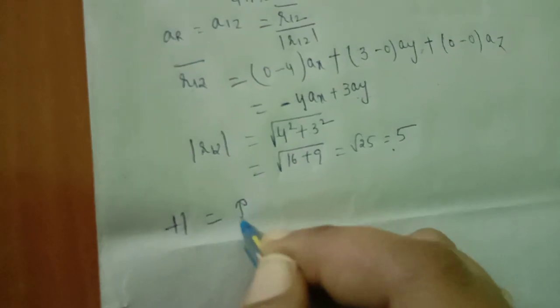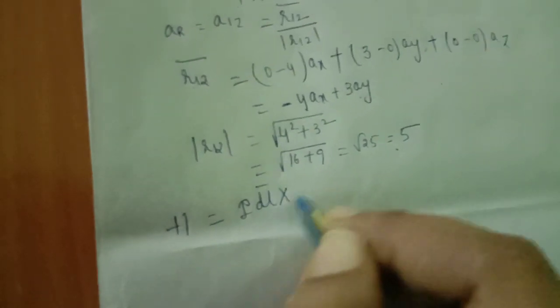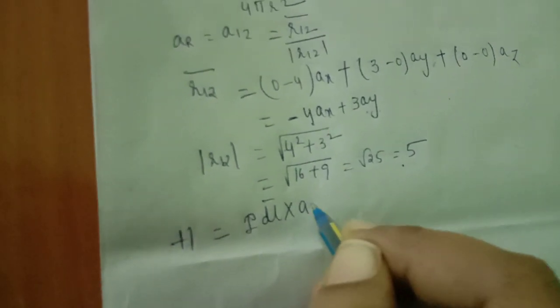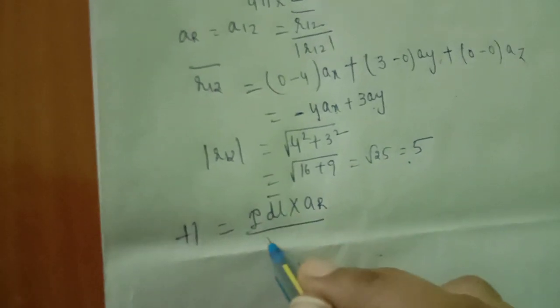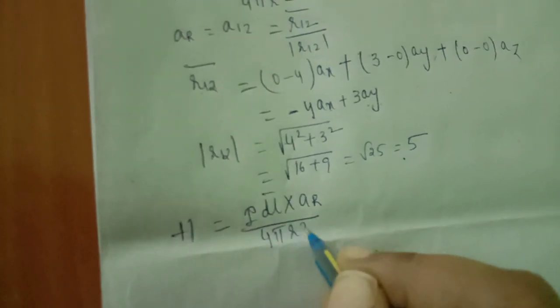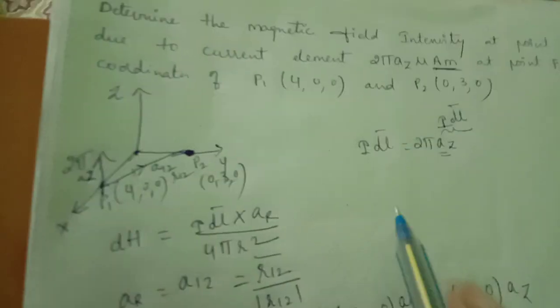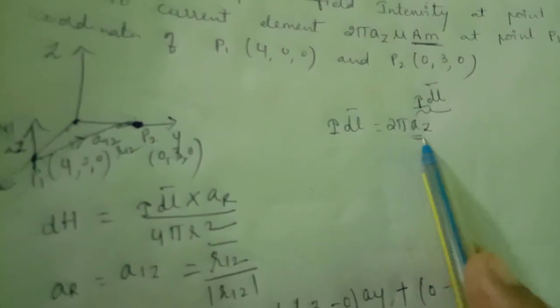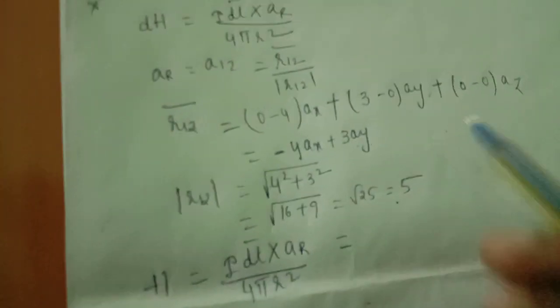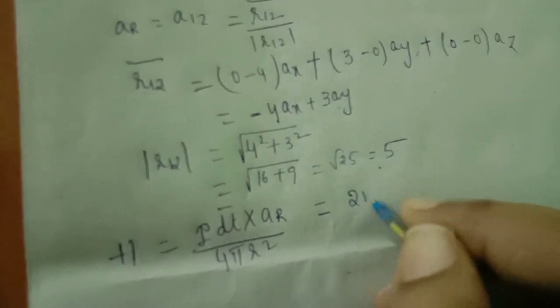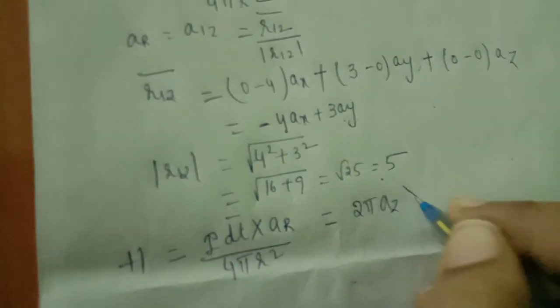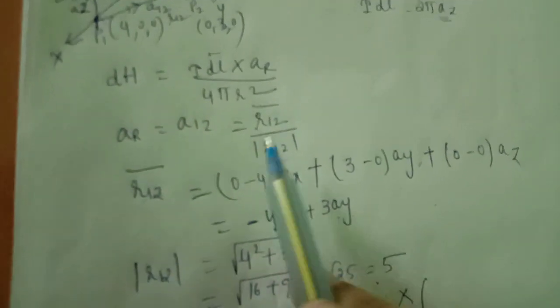Now if you substitute the values, H is equal to I dl cross AR or A12 by 4 pi R square. What is the value of I dl? I dl is given as 2 pi Az. So substitute it as 2 pi Az cross, what is the value of AR?